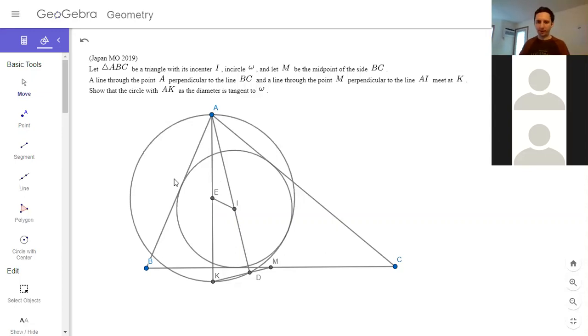I'm going to write it on my notepad. But we have AI times ID is equal to AE squared minus EI squared. And then we have a difference of squares.